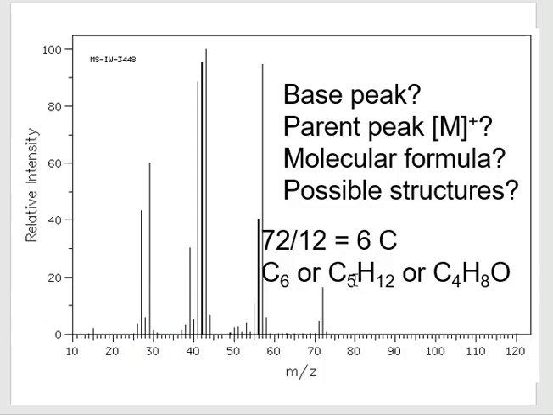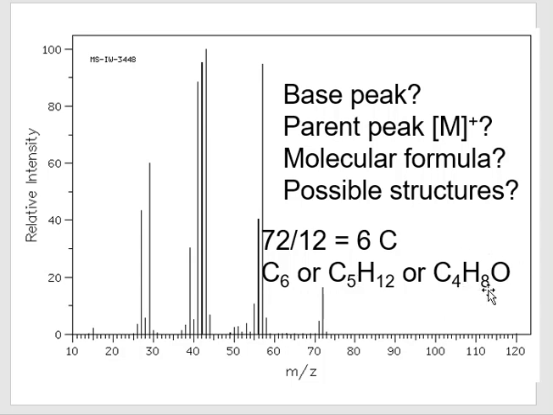If you look at C5H12, that has the relationship between carbons and hydrogens of CnH2n+2. And so that would be an alkane. So maybe it's pentane, or maybe it's 2-methylbutane, or 2,2-dimethylpropane. Could be any of those.